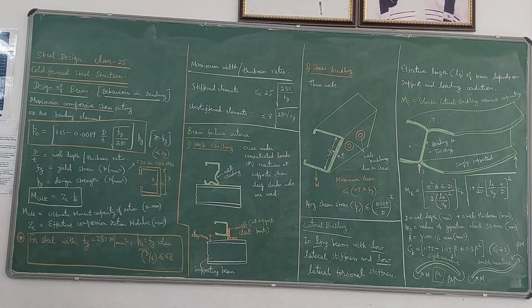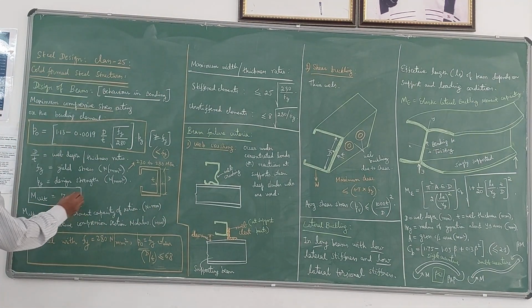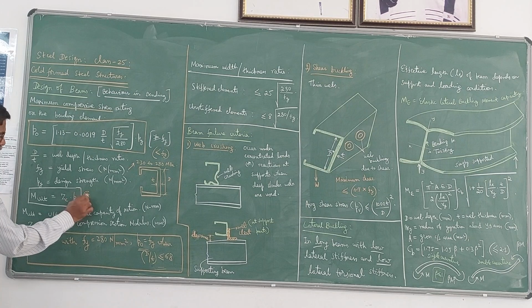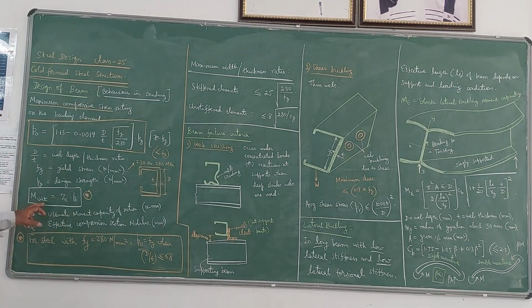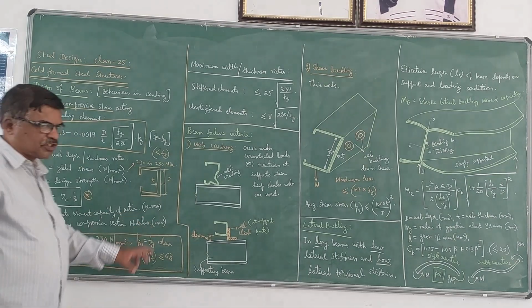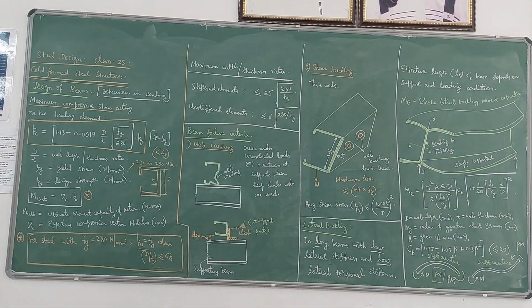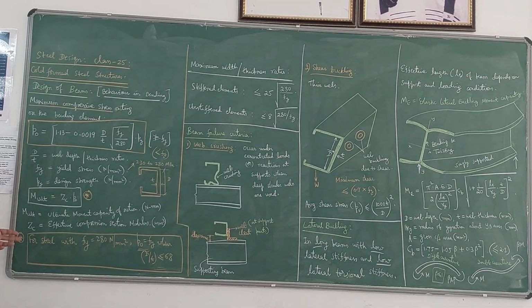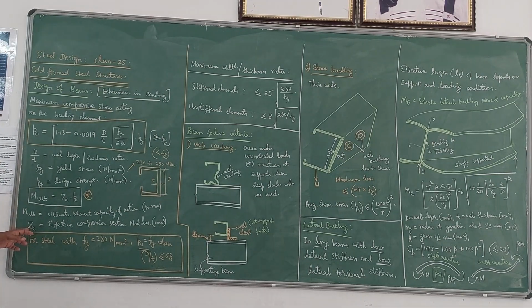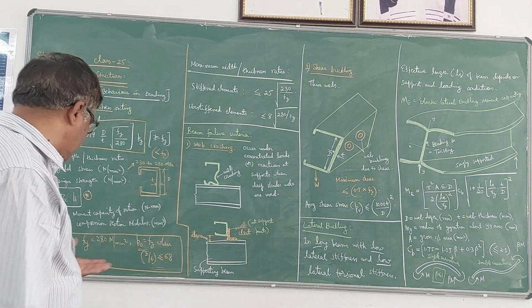In the case of members subjected to bending, we need to calculate an important parameter called M ultimate. This M ult is the ultimate moment capacity of the section, normally expressed in Newton millimeter or kilonewton meter. For that we need to compute the value of Zc, the effective compression section modulus, expressed in millimeter cube or centimeter cube.